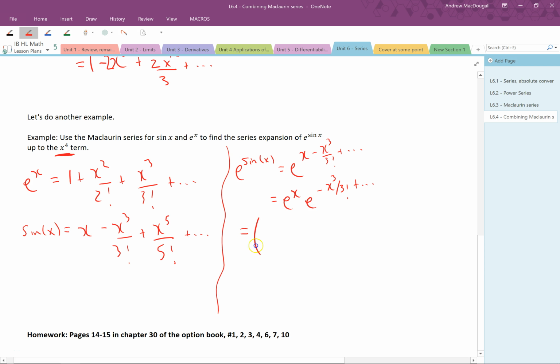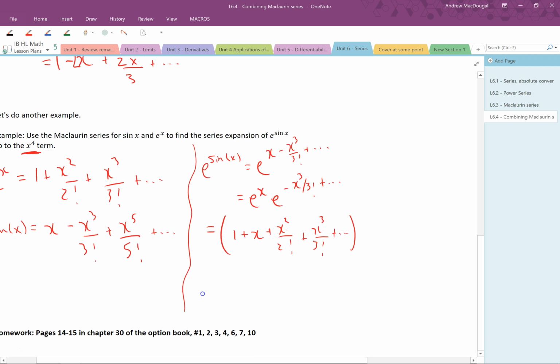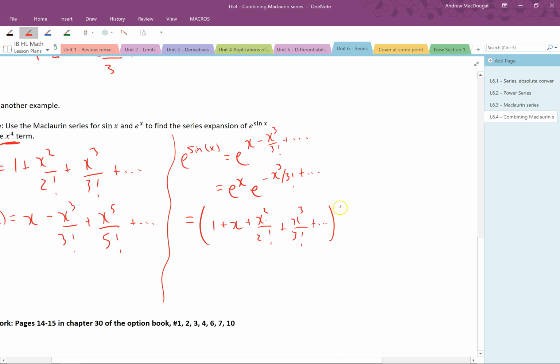Okay, e to the x, this is just 1 plus x plus x squared over 2 factorial plus x cubed over 3 factorial. And of course, you could simplify all these factorials if you wanted to. Okay, so this e to the x, that's all of this.